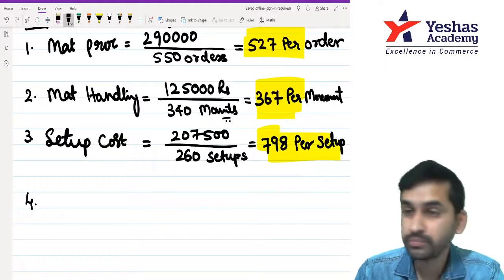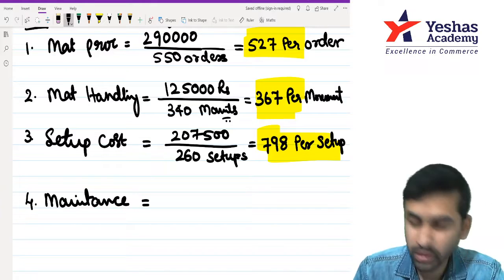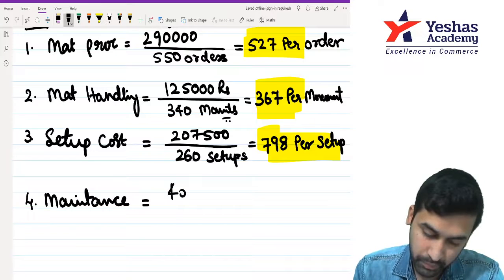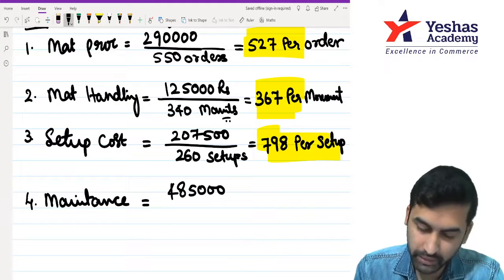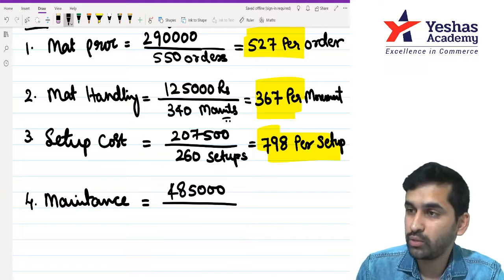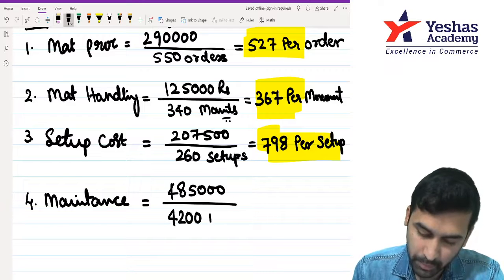Fourth one, maintenance cost. What's the number? 485,000 to be divided by, what is the cost driver volume here? 4,200 maintenance hours.